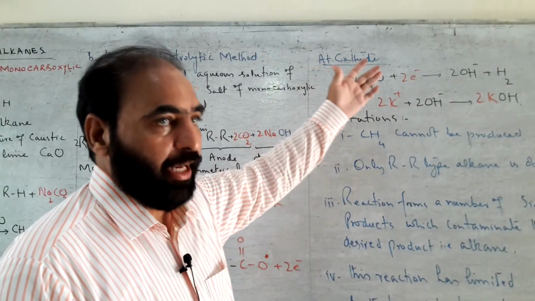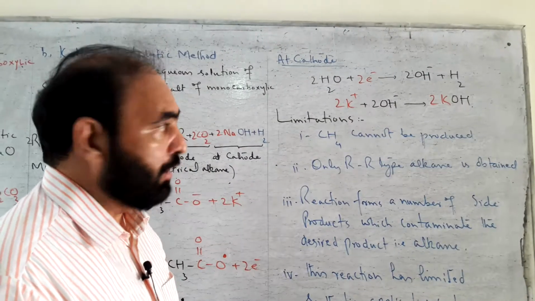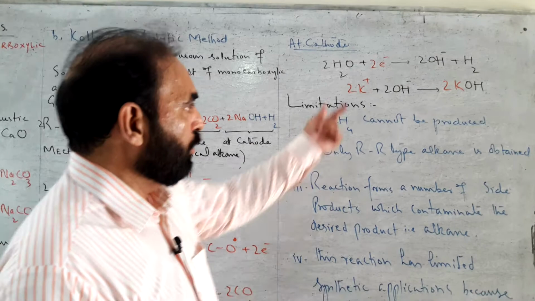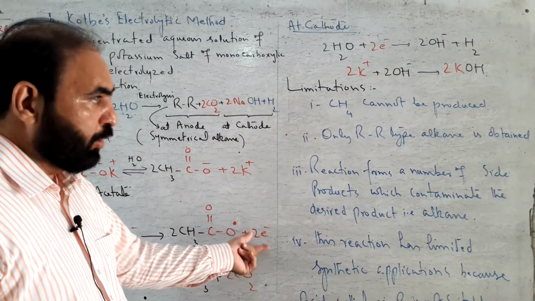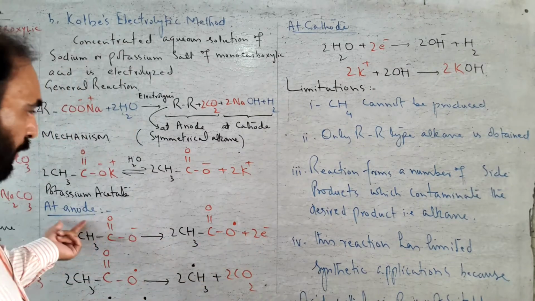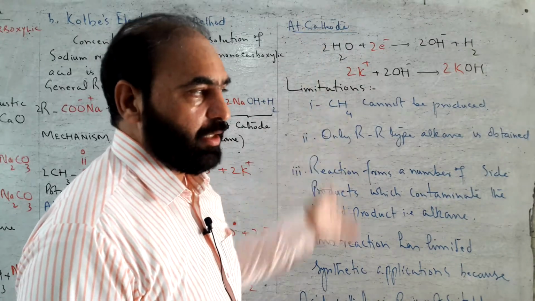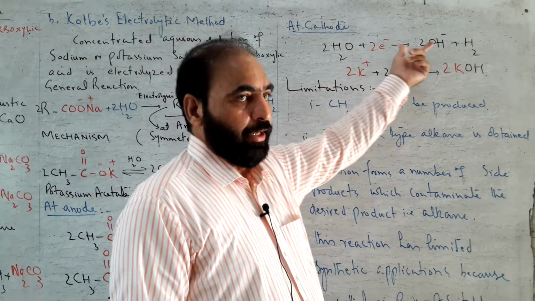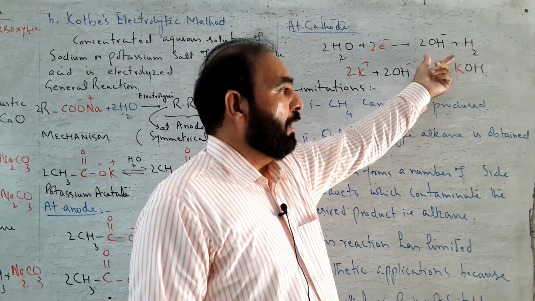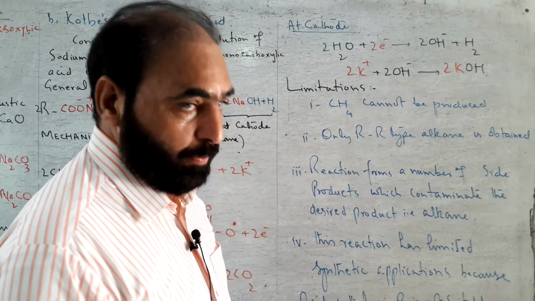At the cathode, where the reduction half reaction occurs, 2 water molecules are reduced by taking the 2 electrons released at the anode. These 2 electrons released at the anode migrate towards the cathode through the external circuit of the electrolytic cell, where water is reduced into 2 OH- ions and a hydrogen molecule is produced as a byproduct.